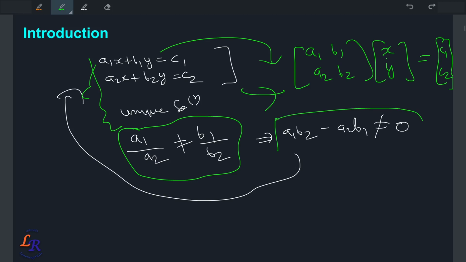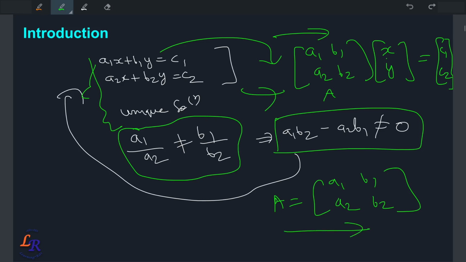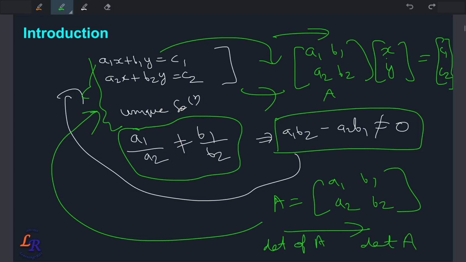If you see this matrix representation, the matrix a1 b1 a2 b2 is going to determine whether the system has a unique solution or not. That's why this is called the determinant of A, or we simply write det A, which is the deciding factor whether the equation has a unique solution or not.